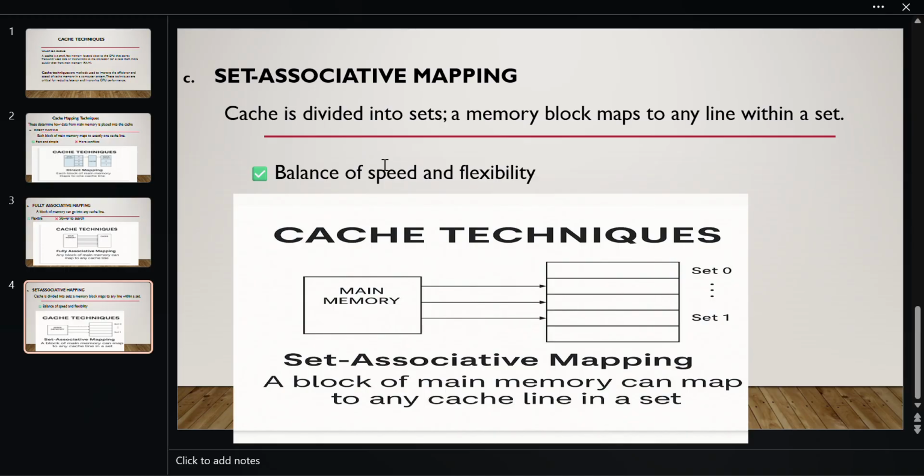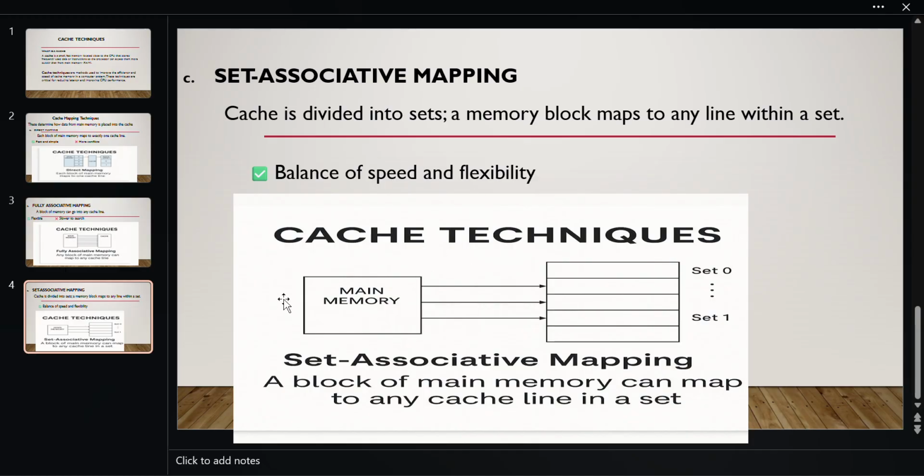Then we have set associative mapping. The cache is divided into sets, and a memory block maps to any line within the set. Set associative is a balance of speed and flexibility.